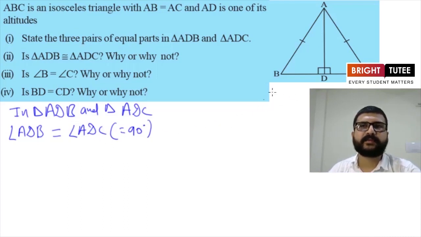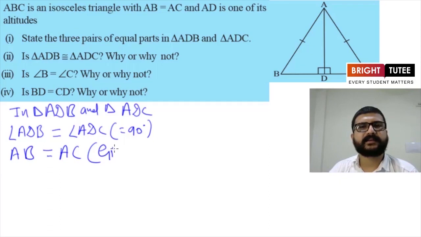And then what else do we have? We are having AB equal to AC, as ABC is an isosceles triangle with AB equal to AC. So let's write it here. AB is equal to AC. It is given in the question. Do we have anything else? See, observe the triangles carefully.